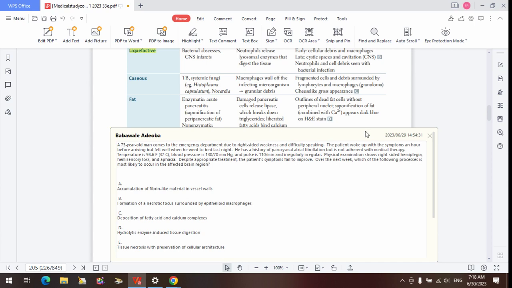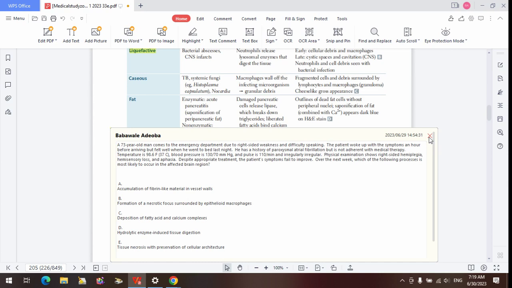So this one is talking about a perfusion defect. There's ischemia. It's different from the pathophysiology of fibrinoid. In fibrinoid, it can be due to deposition of immune complex or hypertension damaging the endothelial capillary.